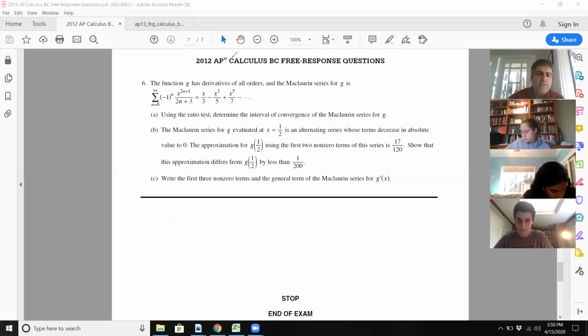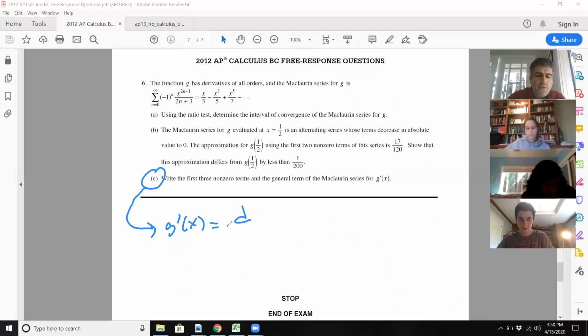Okay, so let's look at C. Well, if you're doing G prime of x, you're essentially doing the derivative with respect to x of all this, because this is G, right?